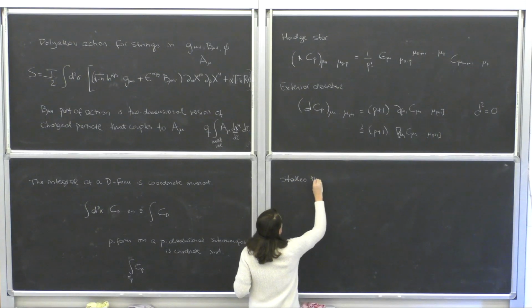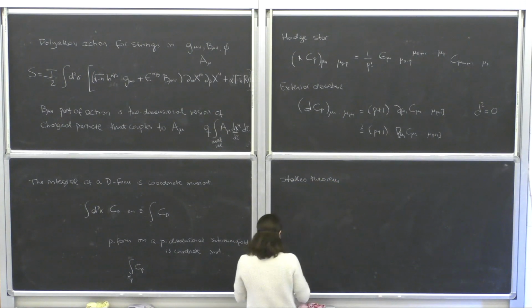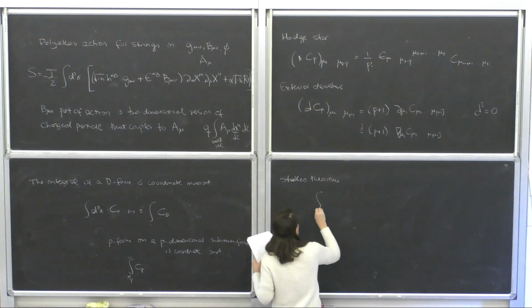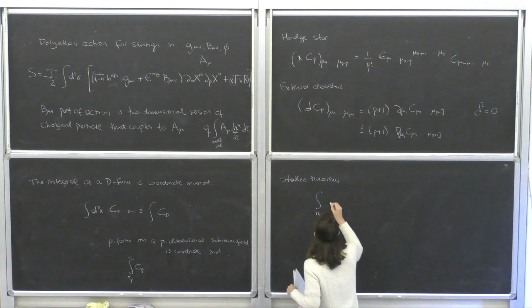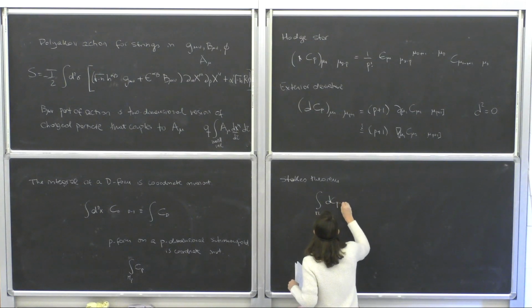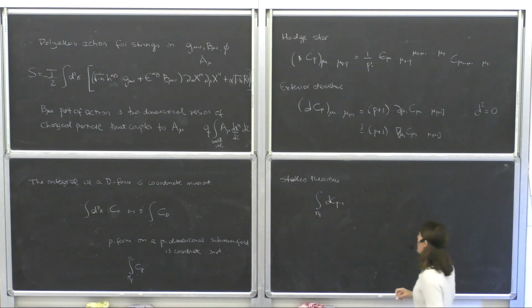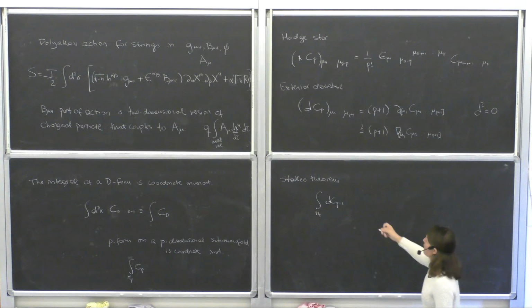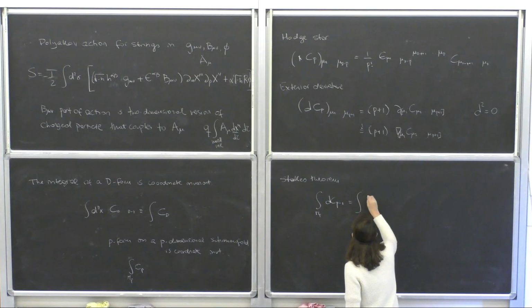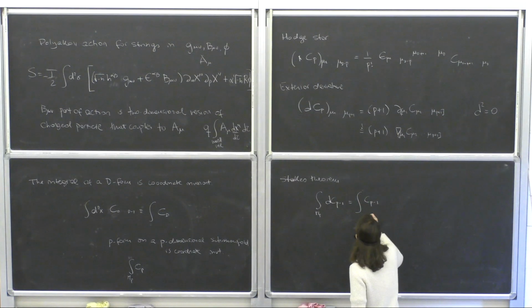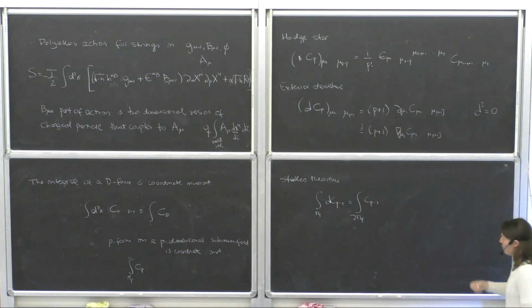The integral over a p-dimensional manifold of d C p minus 1, so the exterior derivative of a p minus 1 form, this is a p form, so this is fine, this is coordinate invariant. And this is the same as the integral of C p minus 1 over the boundary of this manifold. So that's Stokes' theorem, but in p dimensions.